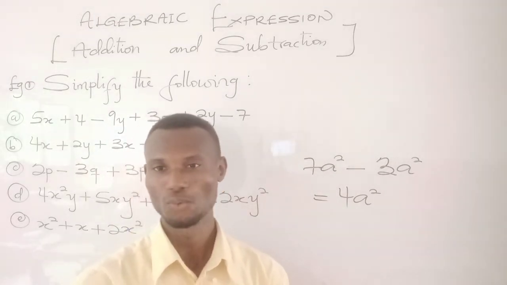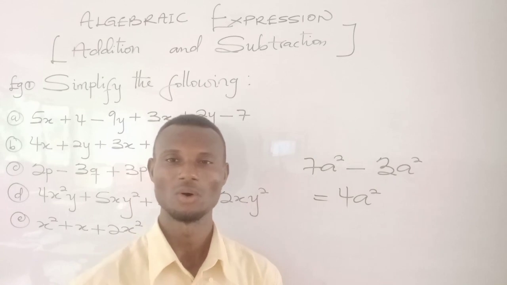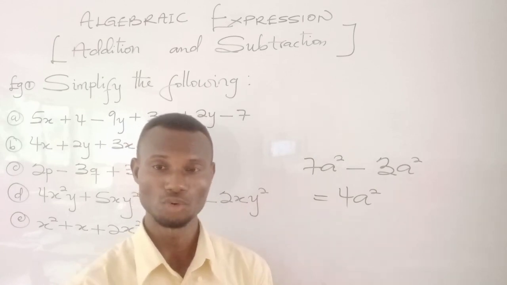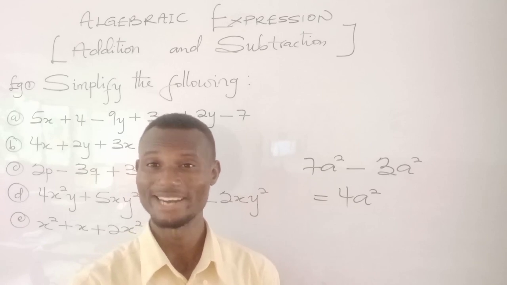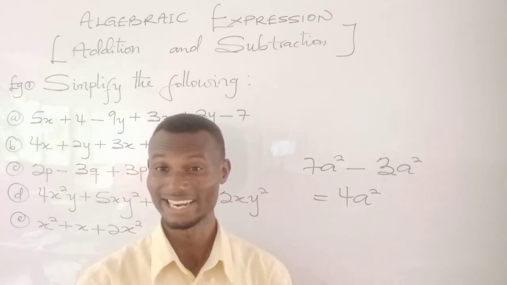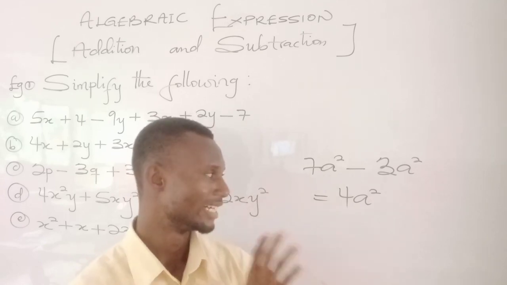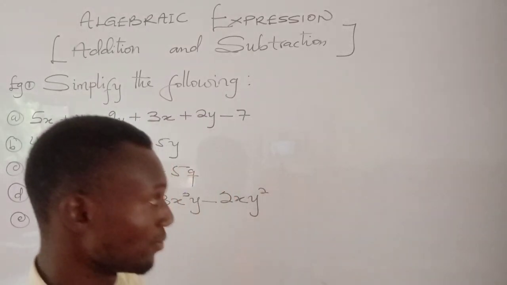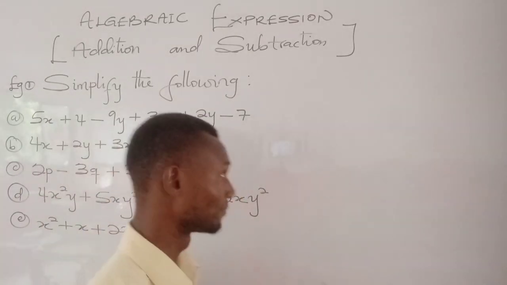Okay, that is how we subtract or add algebraic expressions. That is the rule that governs it. I hope the explanation is clear enough up to this point. Let me clean this and let's take some few more examples before we proceed further.